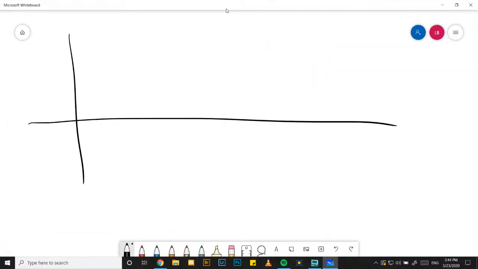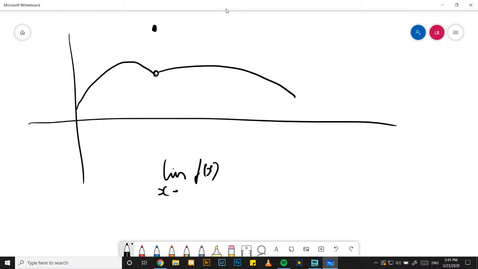If you have any given function, from the earlier definition that I gave, say this is what the function looked like, and there's a point up there. From the earlier definition, this would have been continuous, but obviously it's not continuous because there's a hole over here. So you need to make sure that the limit of f of x as x approaches a from the positive direction is equal to the limit of f of x as x approaches a from the negative direction, and that's also equal to f of a.